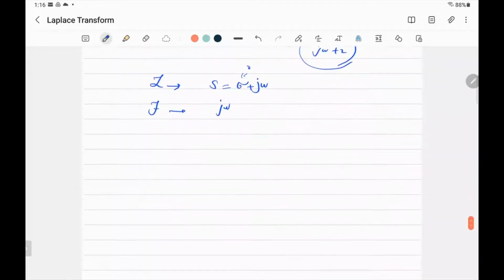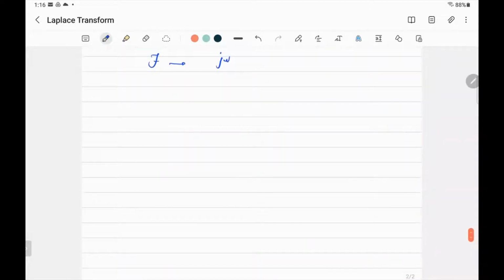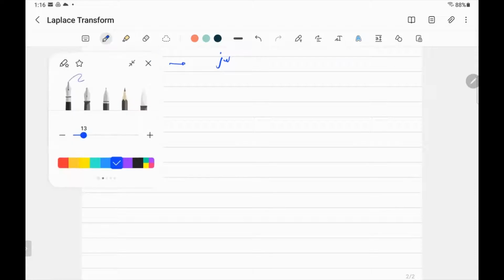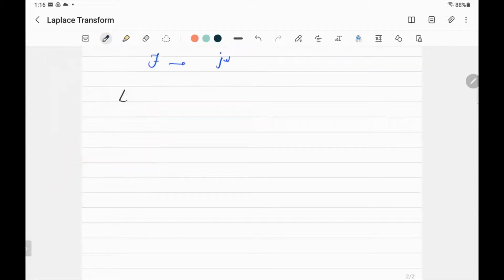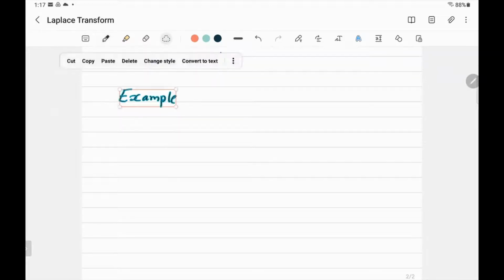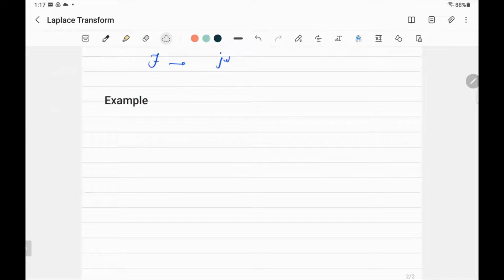What about the unit step? Let's take another example. How do we find the Laplace of the unit step? That's example 2. x(t) is equal to u(t).